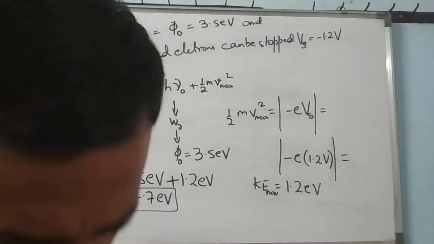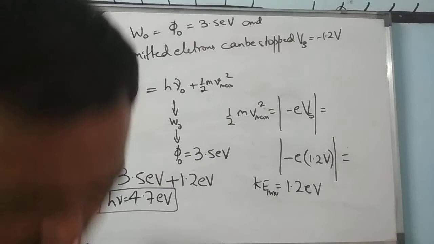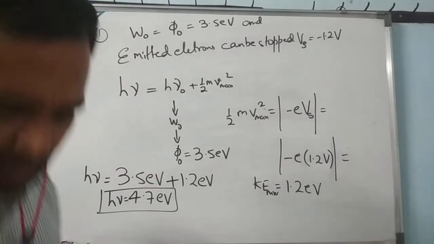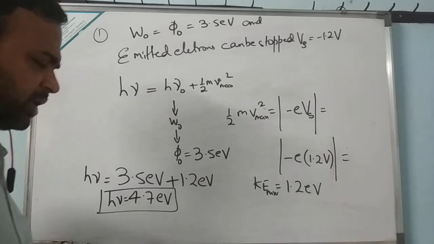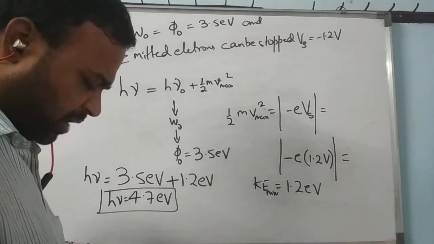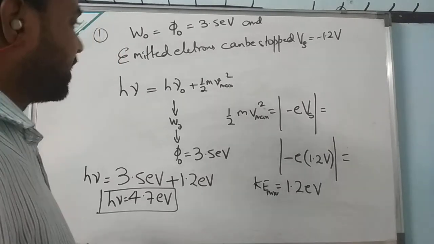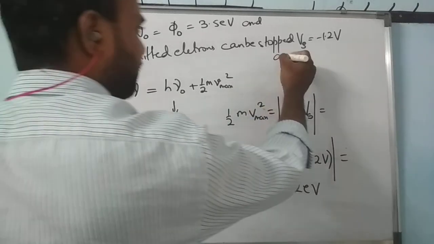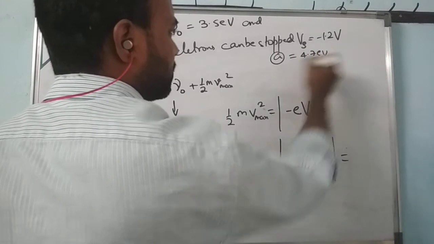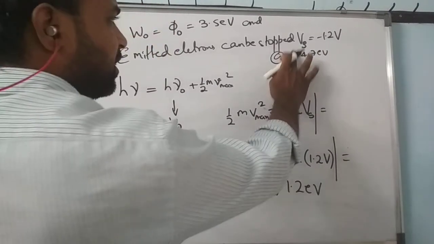So in the options given to us, A, B, C, D, we have 4 options. Option A is the correct answer, because in option A itself the incident energy of photon is luckily given as 4.7 electron volts. In option B they have given a distractor to confuse us.